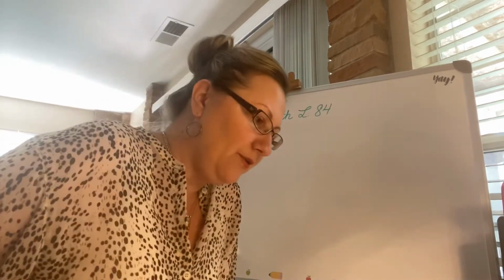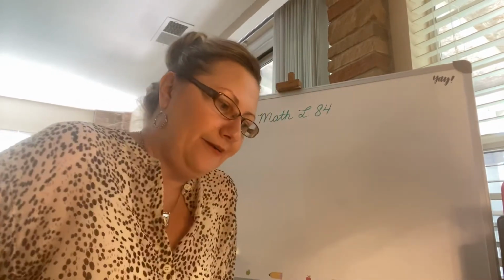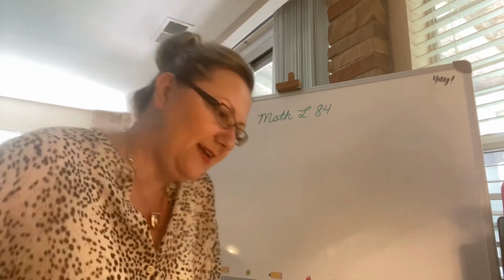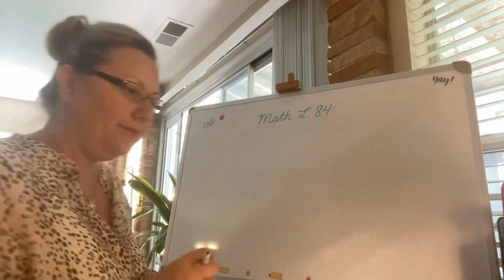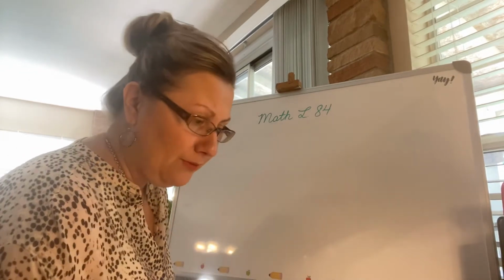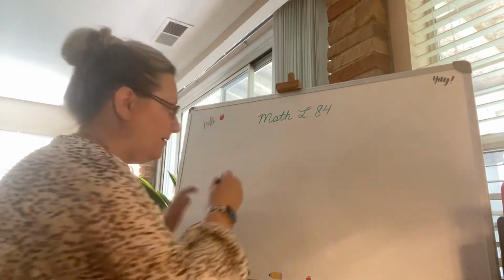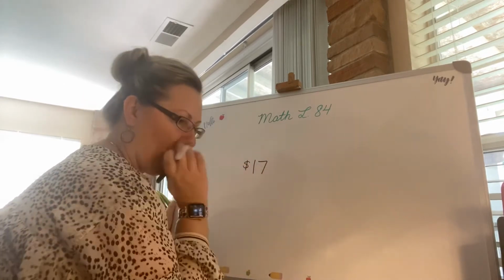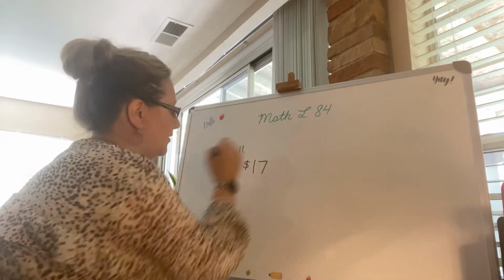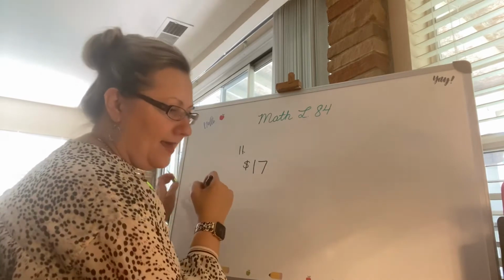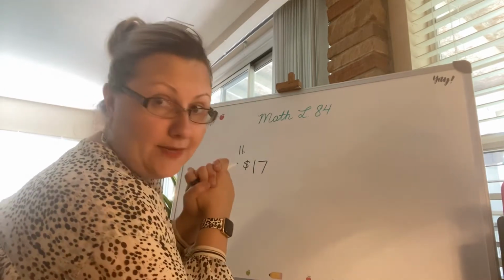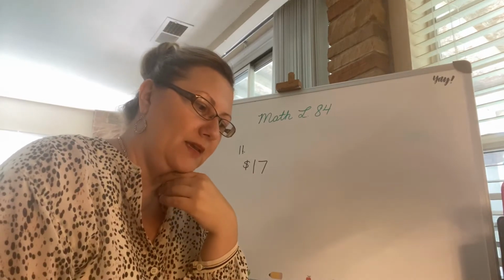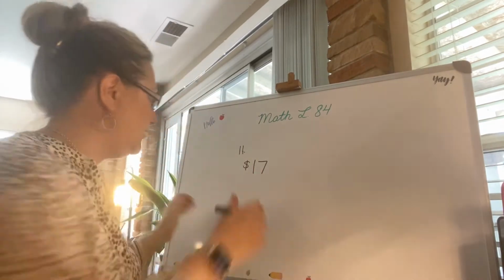We don't need to know exactly the amount, but $16.61, I believe you would agree with me that you would round that to $17. And then the other amount, $14.37, well, we could round that down to $14.